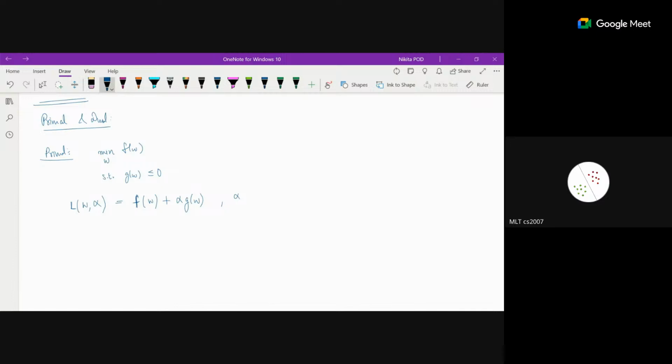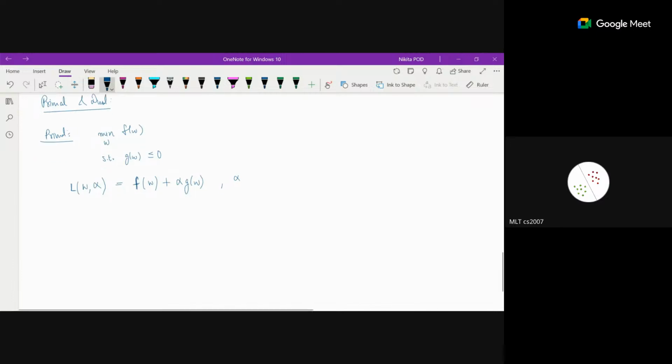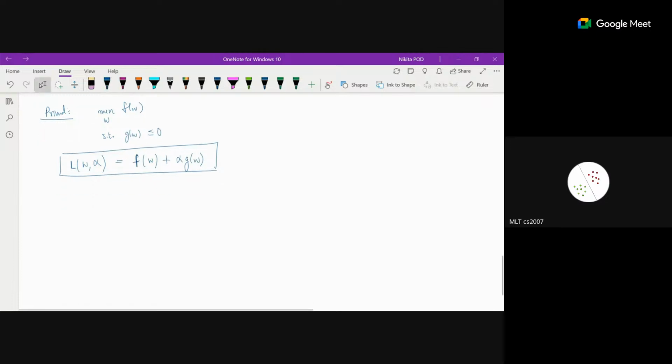Okay, so this is my Lagrangian, right? Now let's say we want to solve for the max of L of W, alpha over alpha greater than or equal to 0, where we fix some W. We're fixing some W, and then we try to solve for this max.